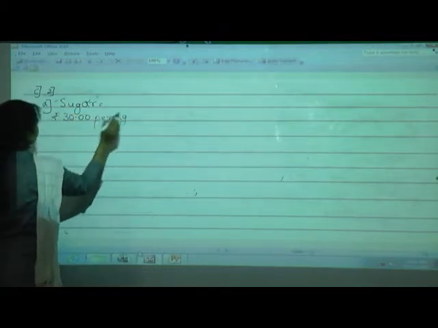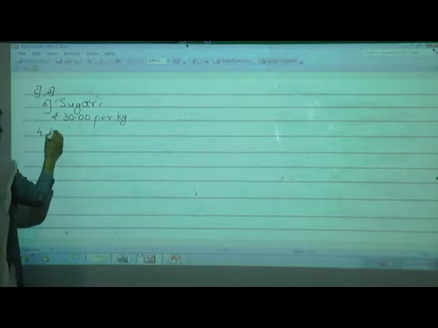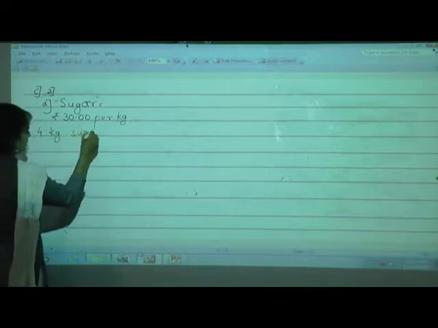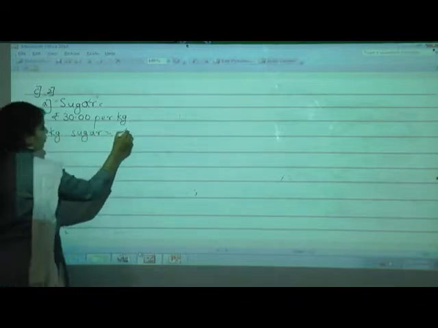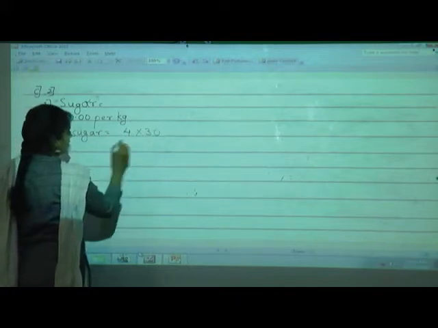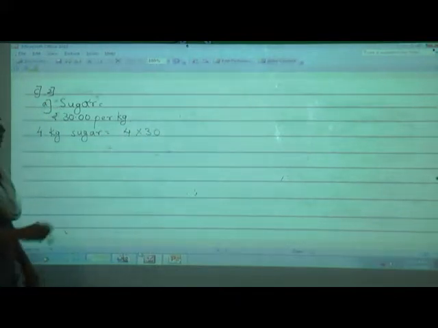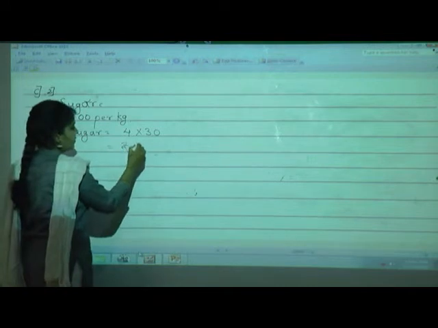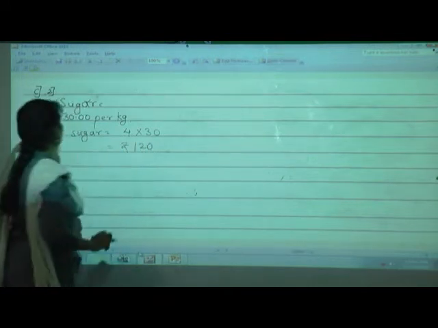So that's why sugar is rupees 30 per kg, and we want the rate of 4 kg sugar. So 4 kg sugar is equal to 4 multiplied by 30. Yes, what is the multiplication? Yeah, it's 120.